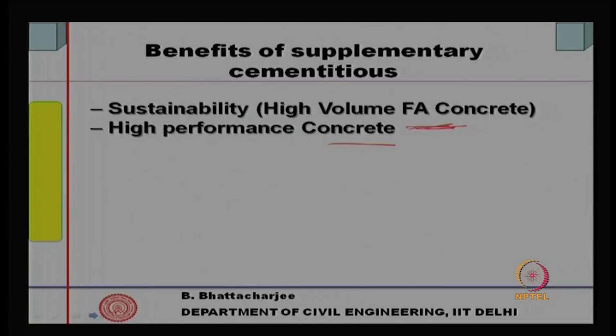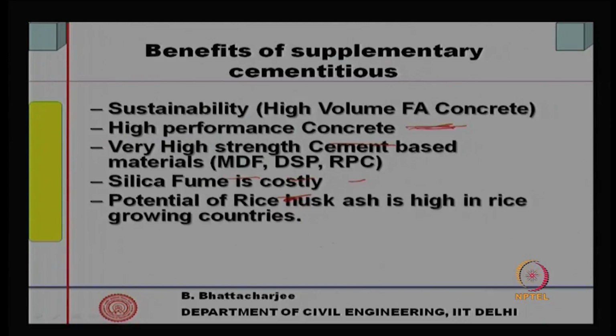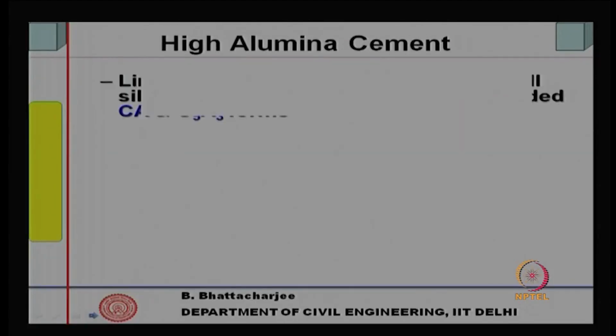In high performance concrete, silica fume is generally used, high strength concrete, in fact very high strength concrete, MDF, DSP and RPC use silica fume, but it is very costly in the Indian scenario, 7 to 8 times that of cement. Potential of rice husk ash is yet to be really verified and it is getting popular in this country.